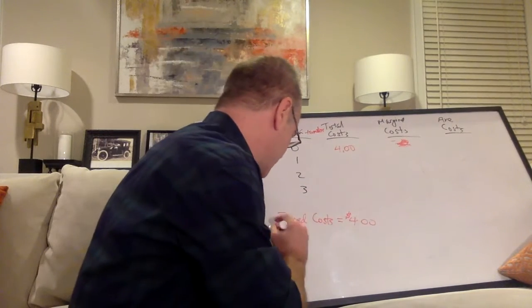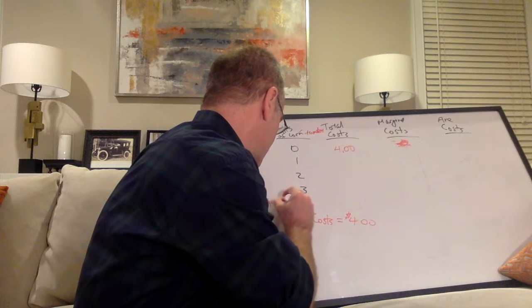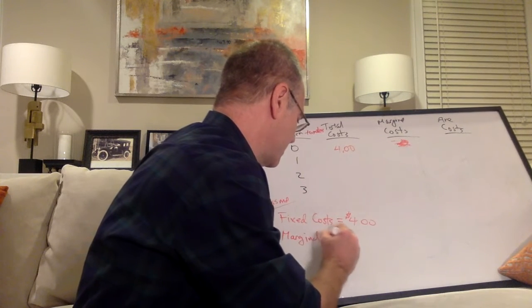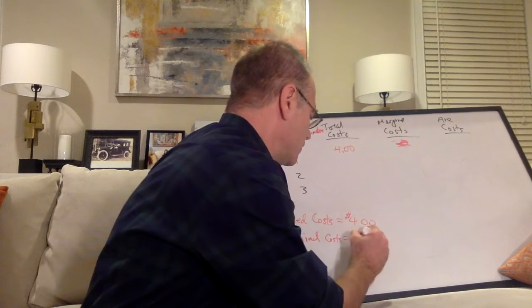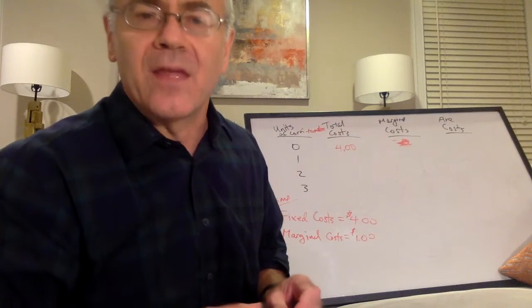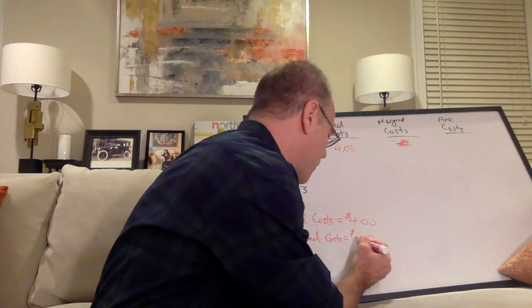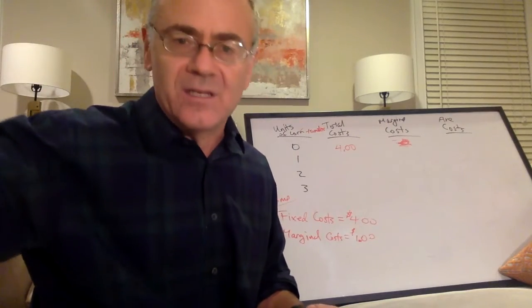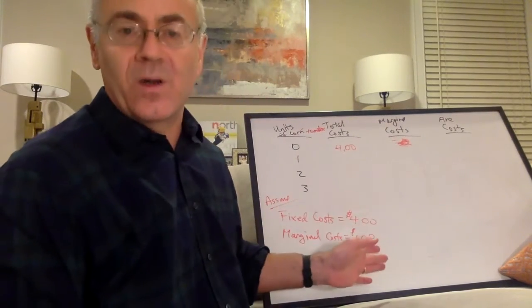But I'm going to assume fixed cost is $4. Marginal cost equals 1 throughout. Okay, before we had our marginal cost increase, went from 0 to 105 to 110. Now I'm just going to keep them at $1.